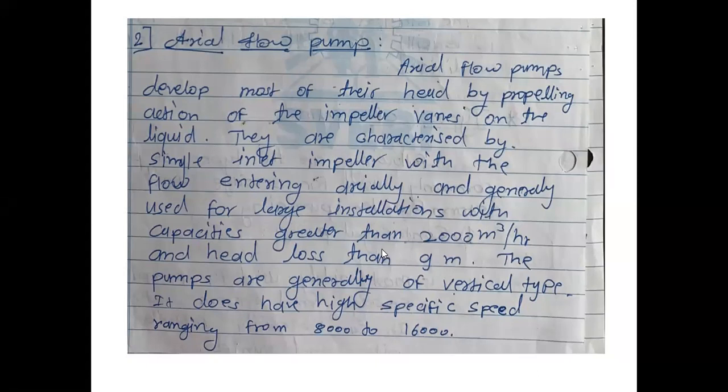They are characterized by a simple inlet impeller with the flow entering axially and are generally used for large installations with capacities greater than 2000 cubic meters per hour and head less than 9 meters. The pumps are generally of vertical type. They have a high specific speed ranging from 8,000 to 16,000.